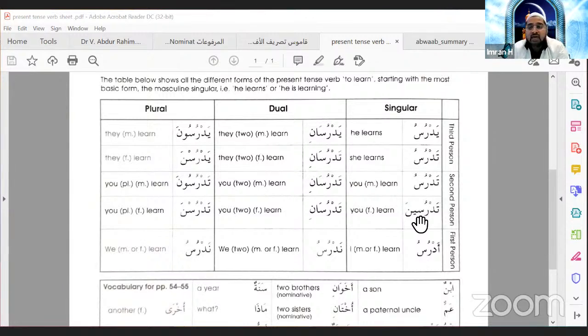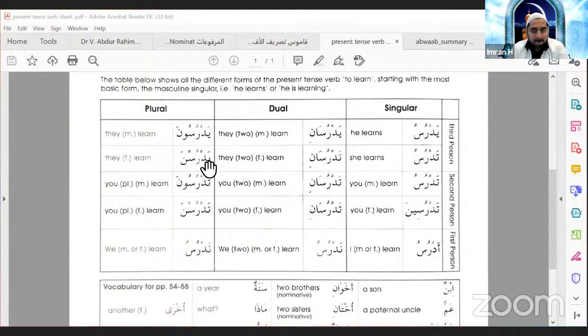So it becomes tadrusina, you one female learn. Tadrusani is you two females learn. Here it was yadrusna, they all females learn. Here is tadrusna, you all females learn. So you bring a ta, we have the noon again. Here we had the ta, here we had the ya, for they all females learn.